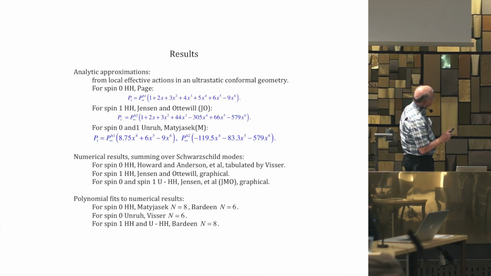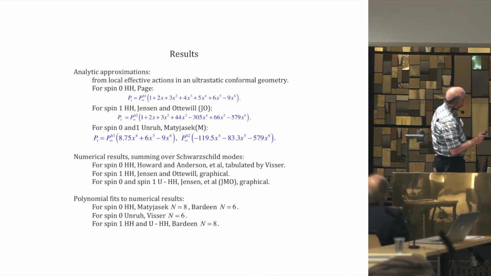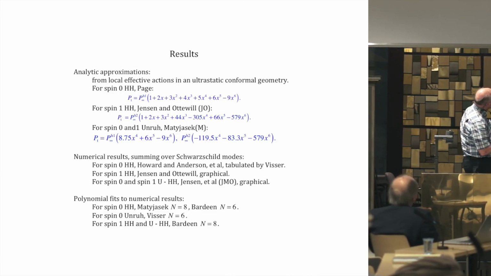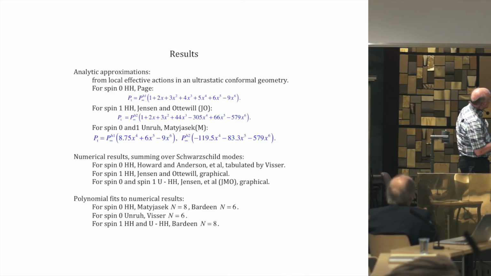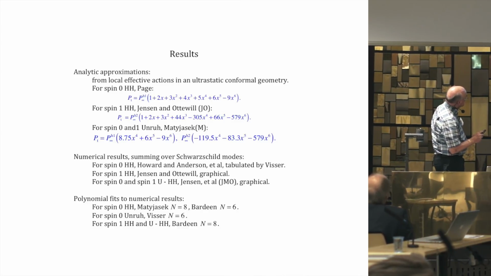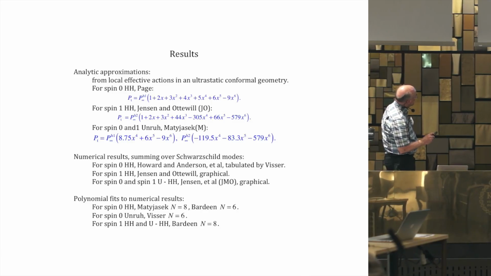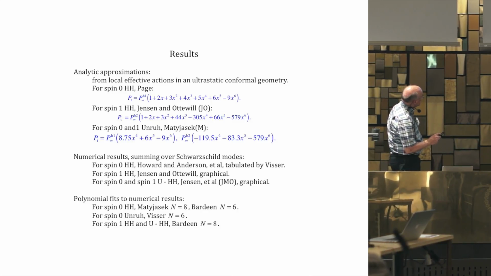And for the Unruh vacuum, I'm not sure how to pronounce it, gave analytic approximations. Then there are numerical results, and in particular for spin 0, Hartle-Hawking, Howard, and then Anderson et al.